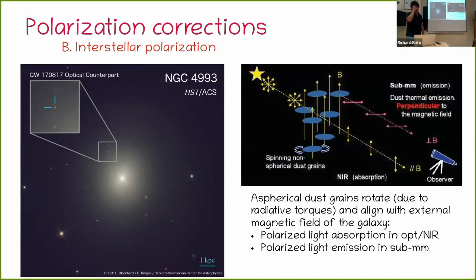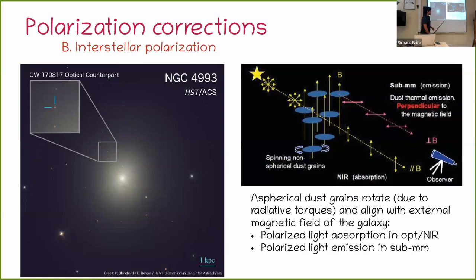And the way this happens is that if you have unpolarized light, and you have some dust particles that are maybe not spherical, they're aspherical, and they get aligned with the magnetic field of the galaxy, so an external magnetic field. Then when the light comes in, the electric component that is parallel to this elongation is going to be absorbed. And so at the end, what's going to go through is linearly polarized light.